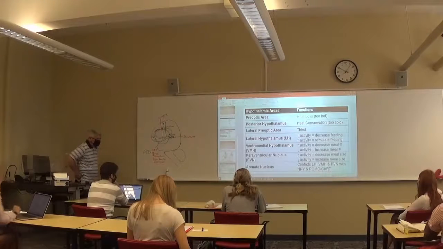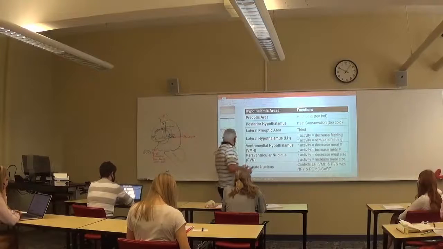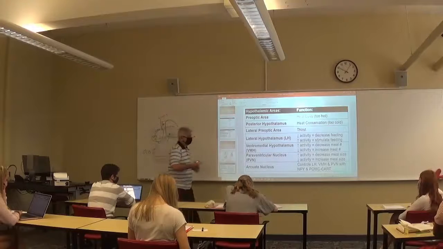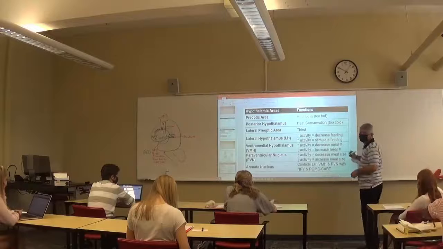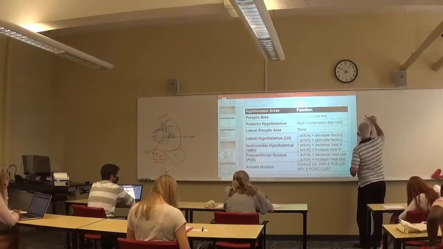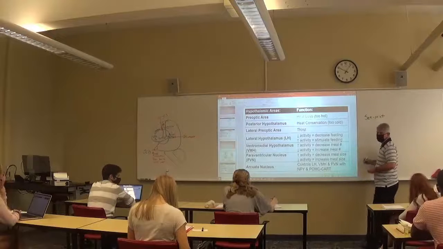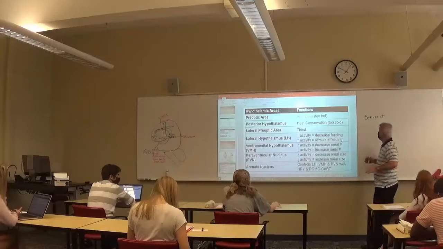I didn't put up the other homeostatic systems, but what is it that's important for you to know about each homeostatic system? Set point. What is a set point? That's the variable we're trying to maintain.